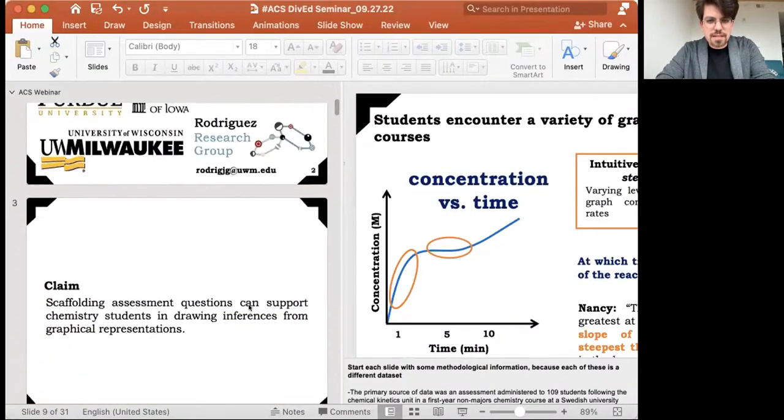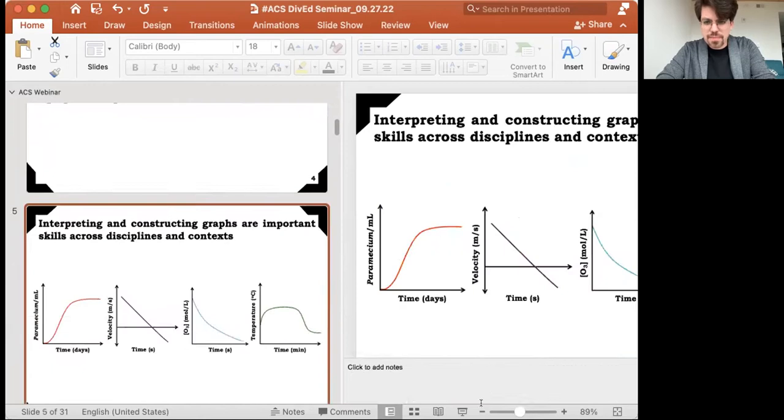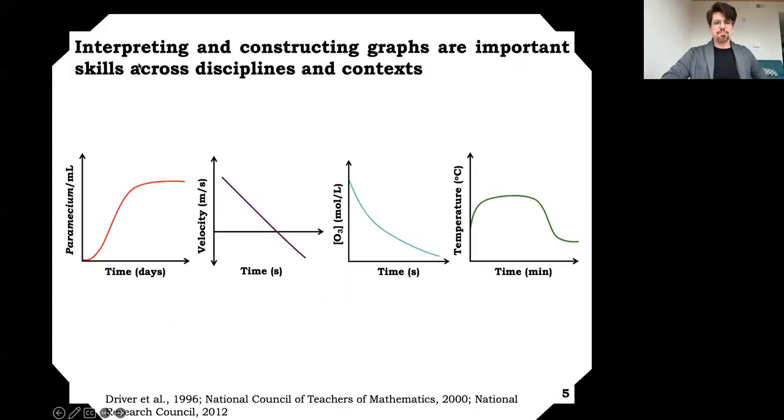If you have something like these graphs, we're limited by the shapes available. For this one right here, that's a straight line. We have a lot of evidence to indicate that students are going to associate the idea that straight means constant. Something is constant because it's straight. This right here is straight, so something is constant.